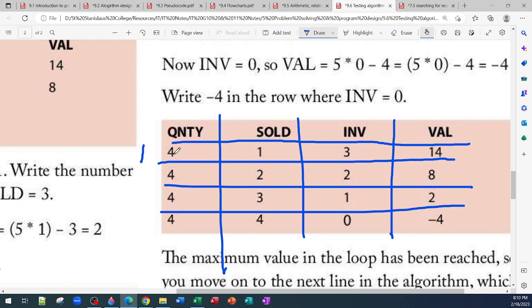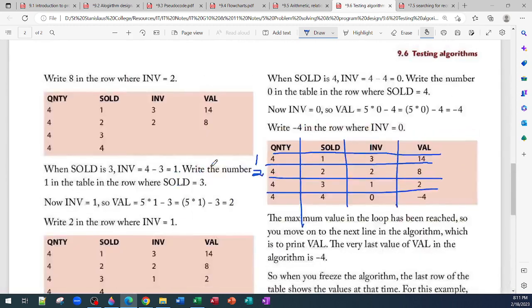Quantity has a 4 inside of it. Remember, we always look at the row. Sold is going to have 1 inside of it. Invoice is going to have a 3 inside of it. Value is going to have a 14 inside of it. Then at stage 2, when the loop goes around, quantity is still going to have a 4, and sold is going to be 2, and it goes like that over and over.